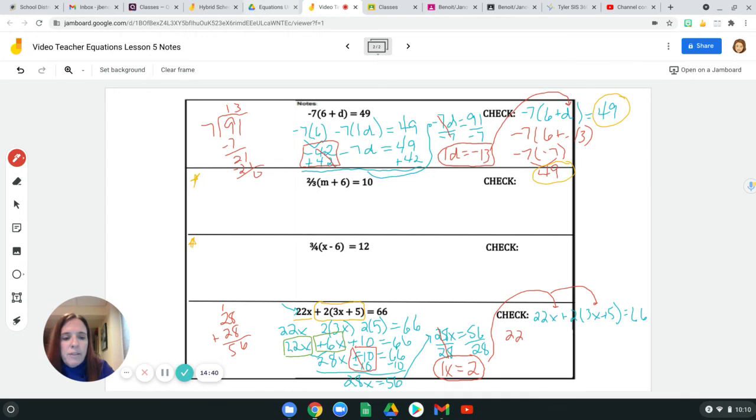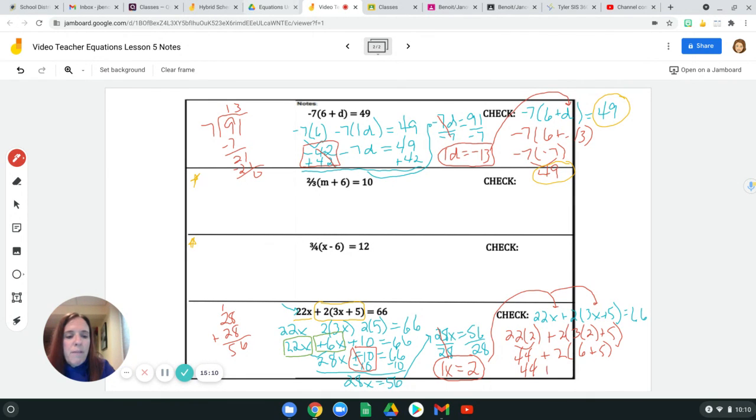I'm going to do 22 times 2 plus 2 times the quantity 3 times 2 plus 5. Ooh, do I have a lot of math to do here. Start in your parentheses. 22 times 2, we can just do that as 44 and just leave that guy there. And then in the parentheses here, 3 times 2 is 6. So we have 6 plus 5.